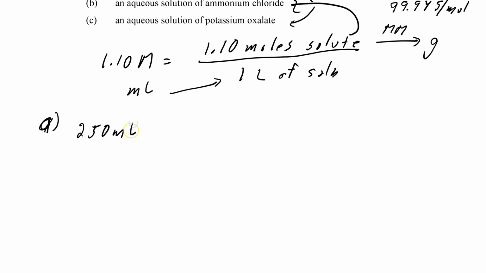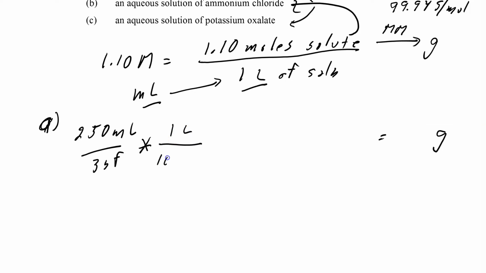I'm going to write that in ordinary notation. Let's remember that we have three significant figures on that number. Our answer, of course, is going to be in grams. Our first conversion factor is converting our milliliters to liters. We have 1 liter over 1,000 milliliters.